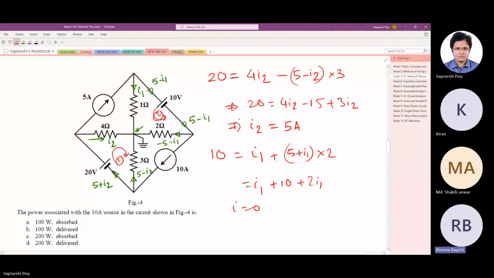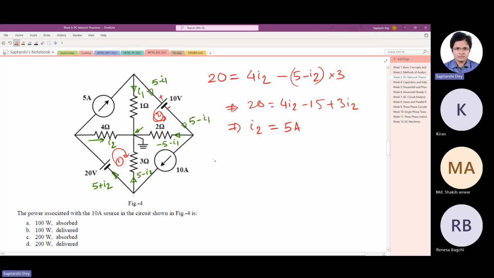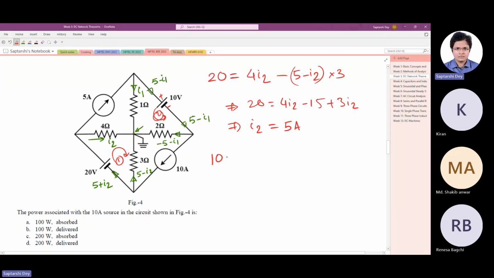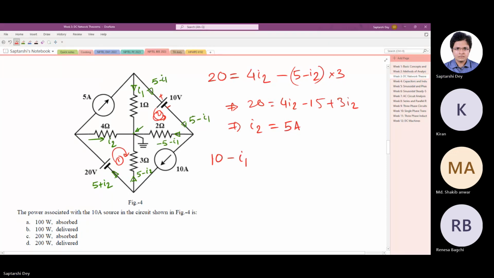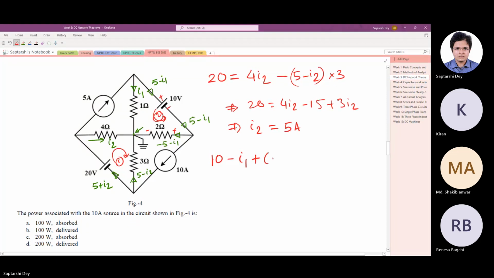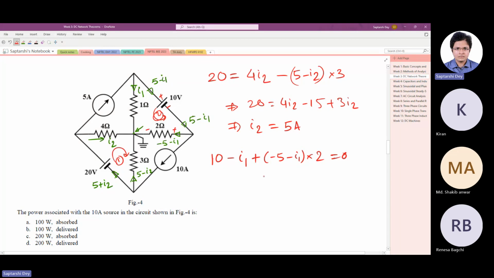No, we're not getting 0, we're getting 5. Wait, I'll write here. Start from here. So it's an increment of 10, then a drop of I1, again an increment of... tell me if this equation is correct.